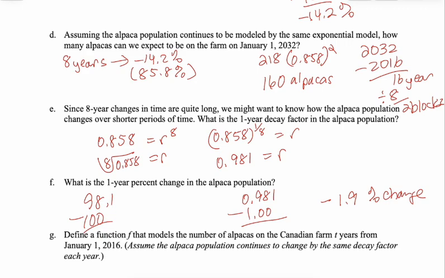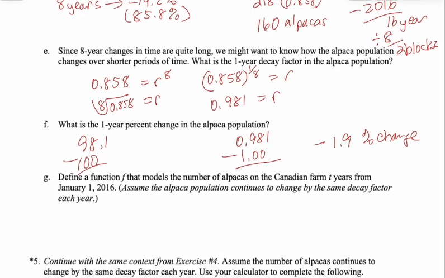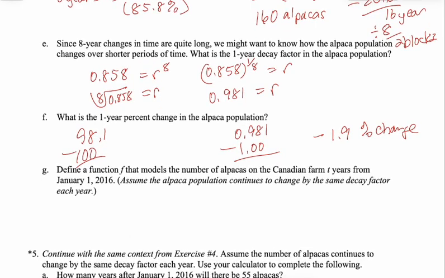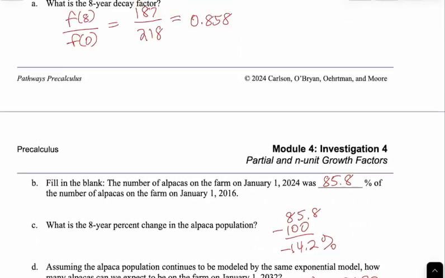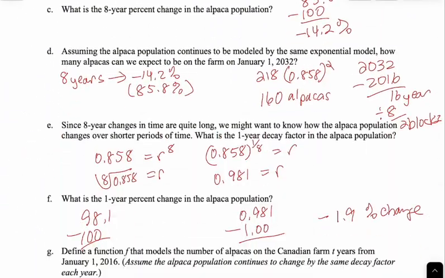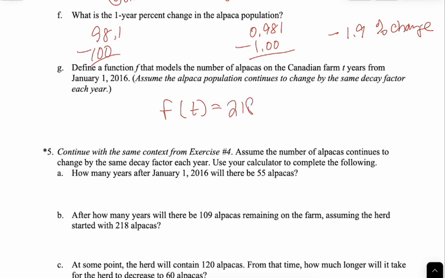Okay. And then we want a function that is yearly, if it's just time in years, okay? So remember how these functions work. Our starting number comes first. So remember, our alpaca population started at 218. That's always your starting population. That comes first. Then we are going to put that yearly rate that we just found, that 0.981, to a power of t.